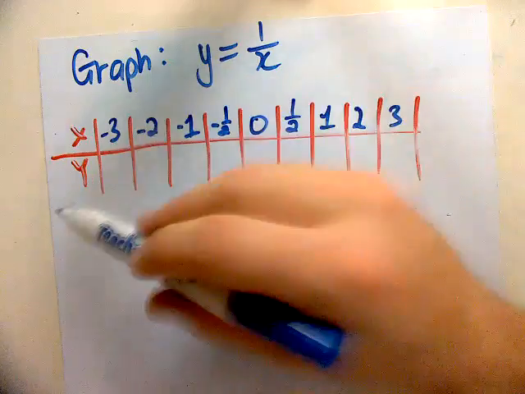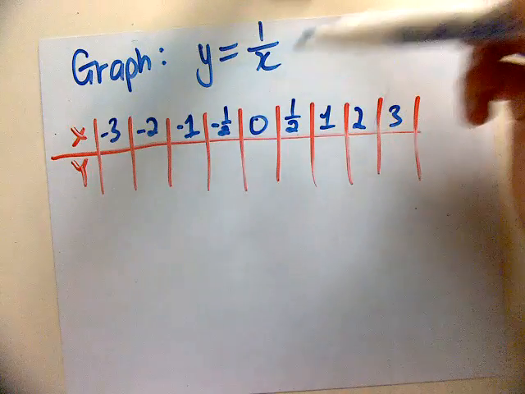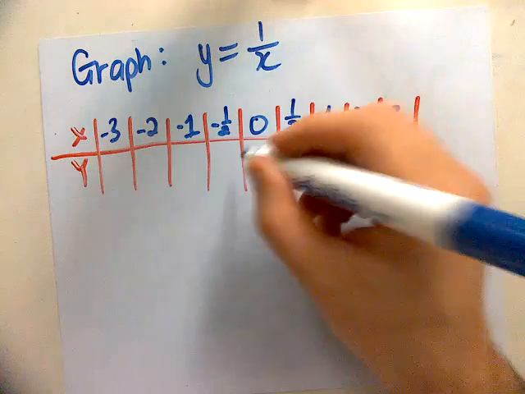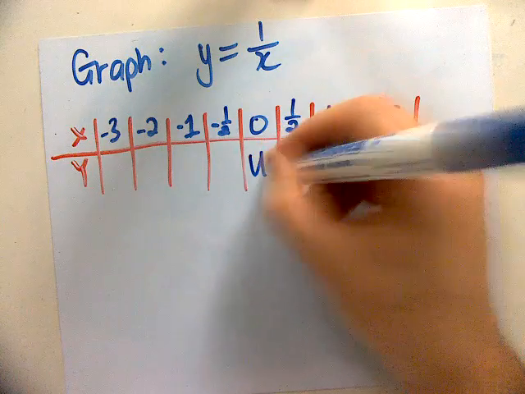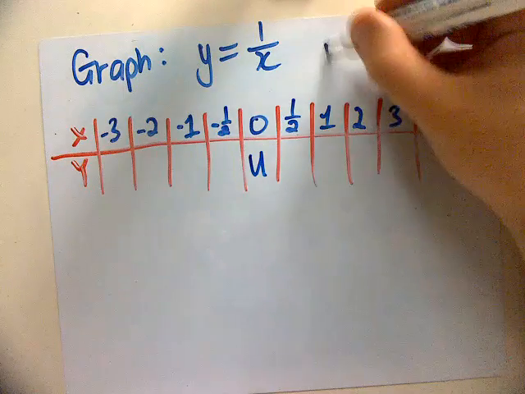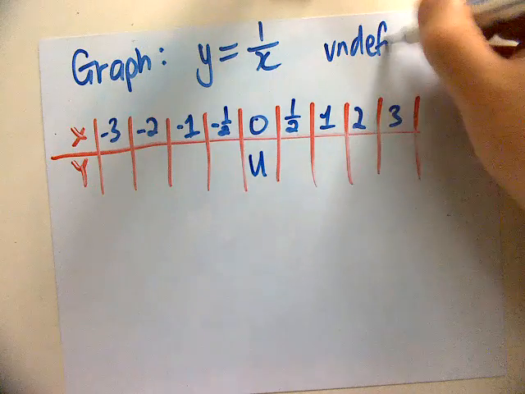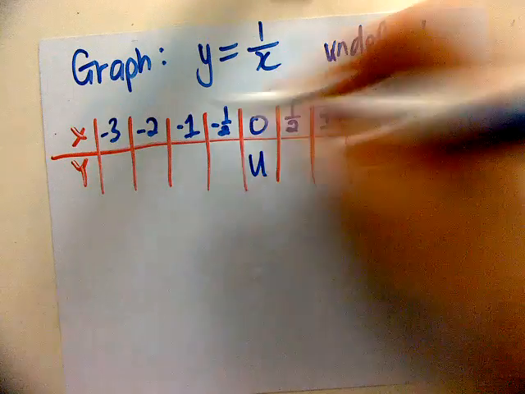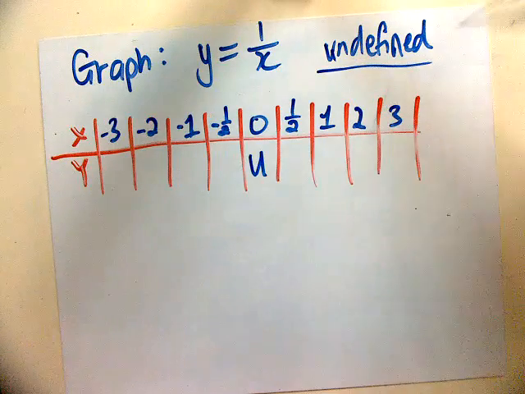Now, if I substituted x in for all of these values here, it'd be 1 divided by 0. Here's the big thing. I'm going to write a u there, and that u is short for undefined. Obviously, that's the case because we can't divide anything by 0, so it's always going to be undefined.